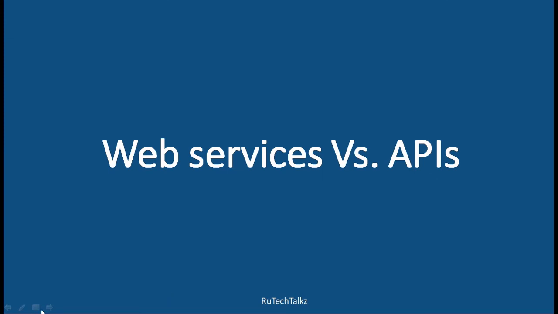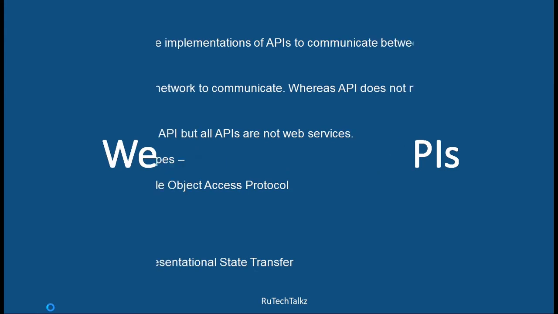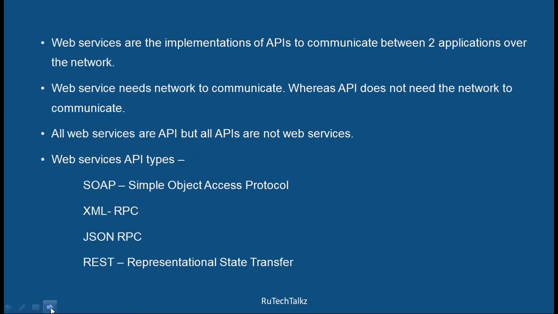Let's see the difference between web services and APIs. Web services are the implementations of APIs to communicate between two applications over the network. Web services need a network to communicate, whereas API does not need any network connection to communicate. All web services are APIs, but all APIs are not web services. Why?